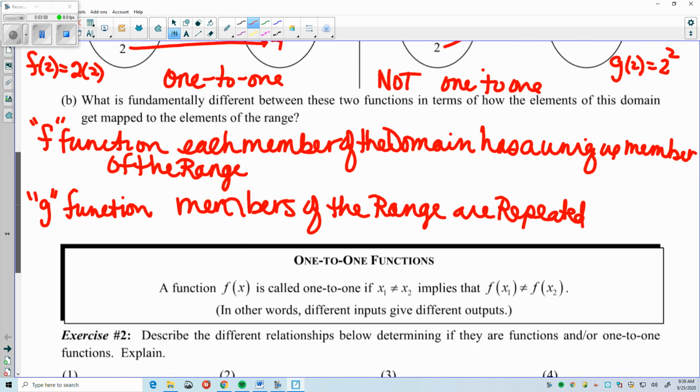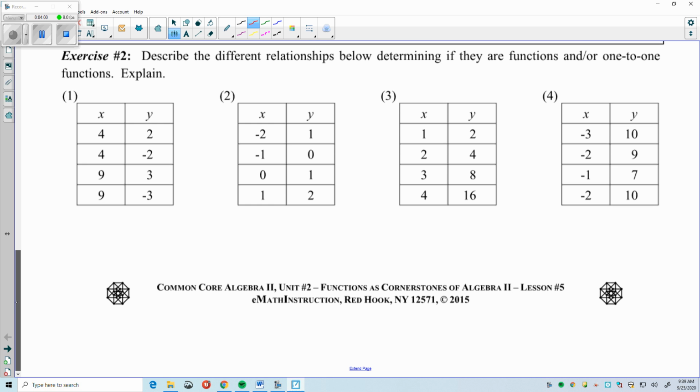With that in mind, let's take a look at some of these tables. It says describe the different relationships below, determining if they are functions and if they are one-to-one functions. The first idea with a function is that if it's a plain old function, every x value would have to have a unique y value.